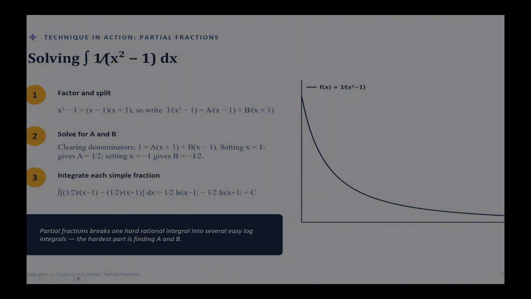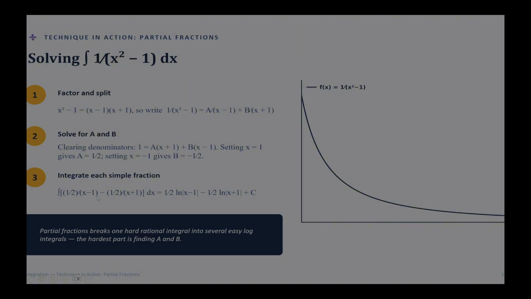Setting x equal 1 first eliminates one variable, because the B term becomes 0. So A times 2 equals 1, which gives A equal half. If you put x equal −1, the A term becomes 0, so we get B equal −1 over 2. That's straightforward, right? Once we have A and B, we substitute.